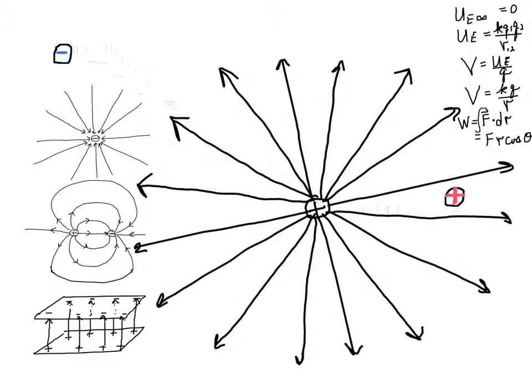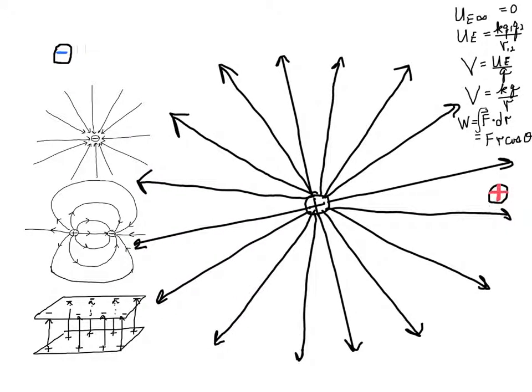Okay? The other way of thinking about it is take this charge and put it off at infinity and then bring it in to this position. So as I bring it in, I'm pushing it, right? Imagine yourself pushing. You have to push harder and harder and harder. So we have to calculate the work that we would do to get this charge from infinity to here.